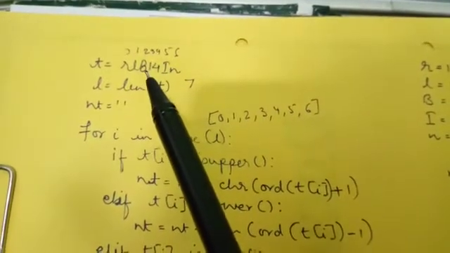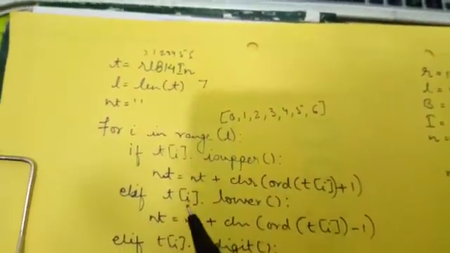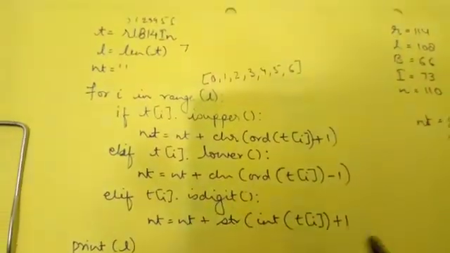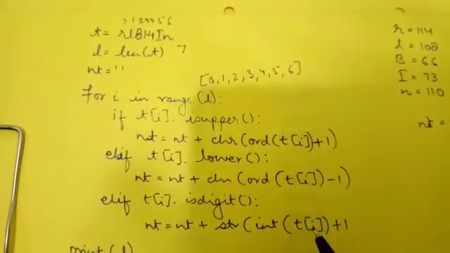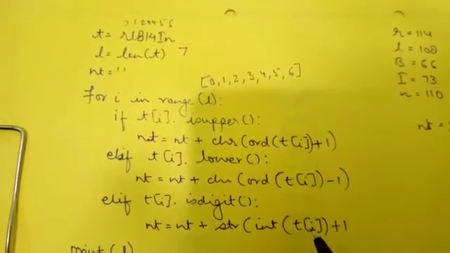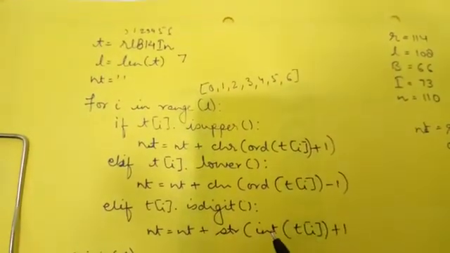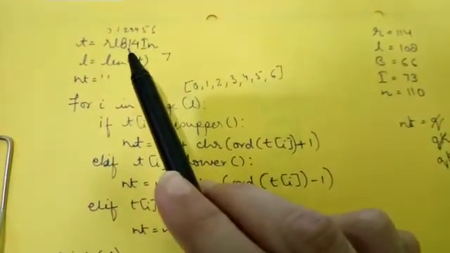Okay, the next value will be 1. For the 1, this condition is false, this condition is false, this condition is satisfied. Now it is here what? T, which index number? T3. T3 is what? 1. So it will take 1 here, convert it into an integer, because the 1 is here in which form? String form.